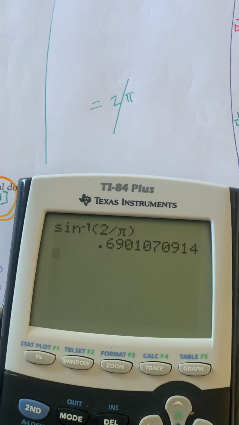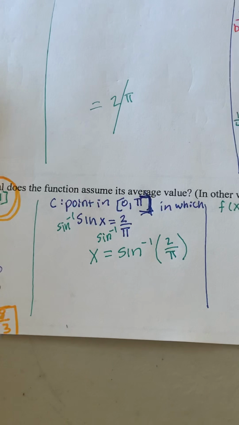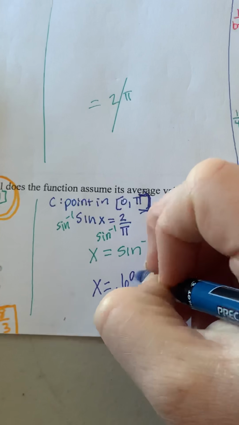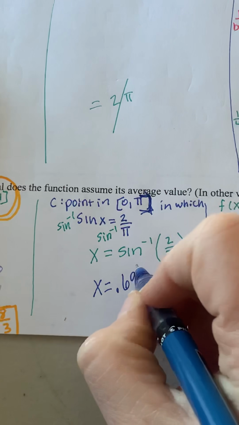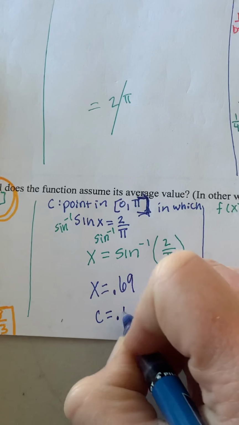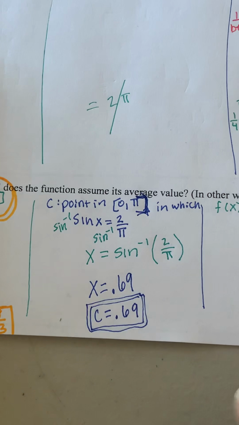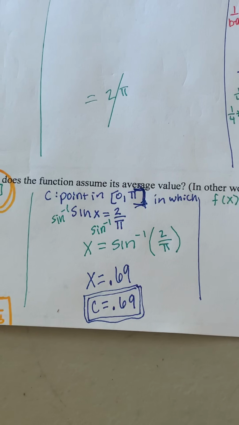And we'll have to round this: 0.69, or you can do 0.7. And just check that that's in the interval. 0 to 3.14 definitely is. So that's what c is going to be. That's going to be the point in which you have the actual average value.